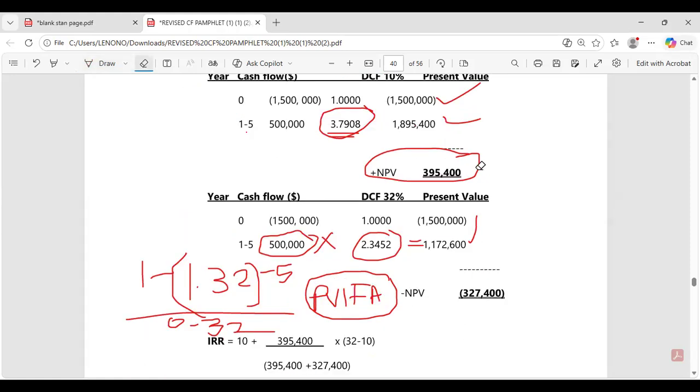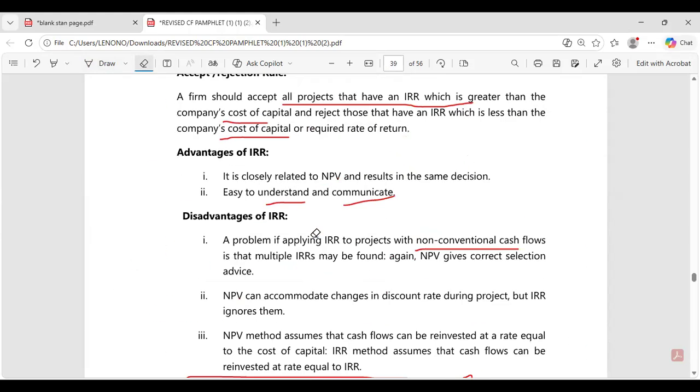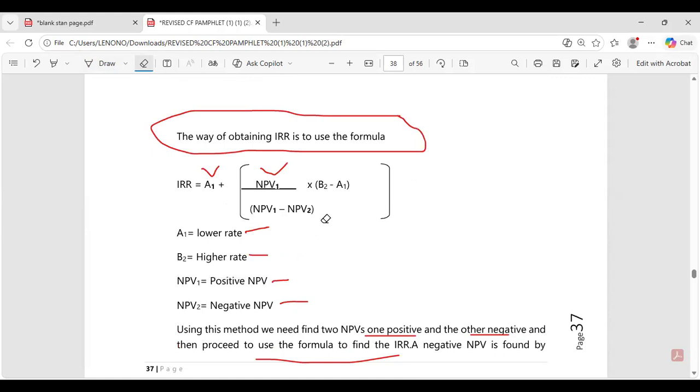We have the positive NPV1, using the formula we are still using here.